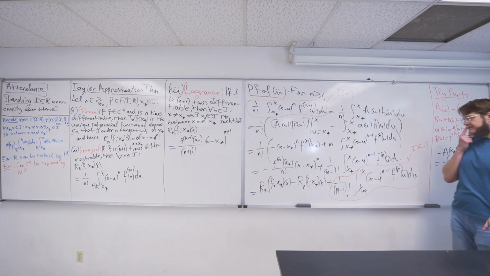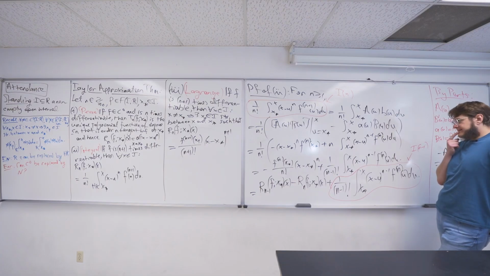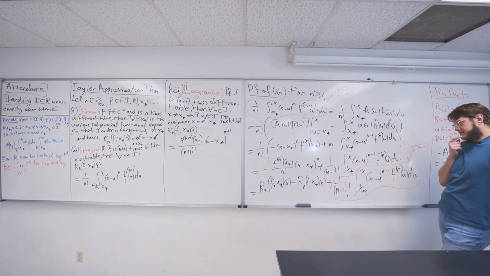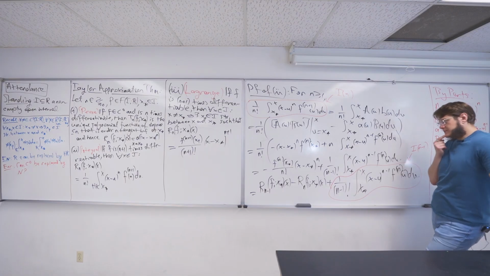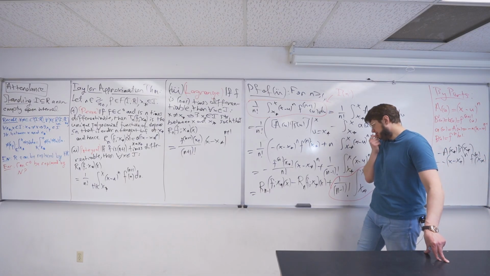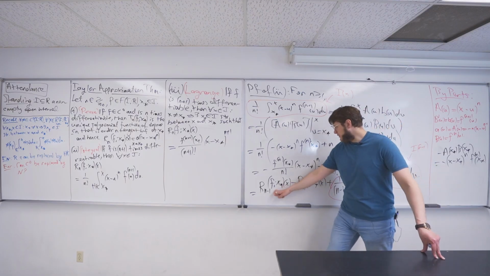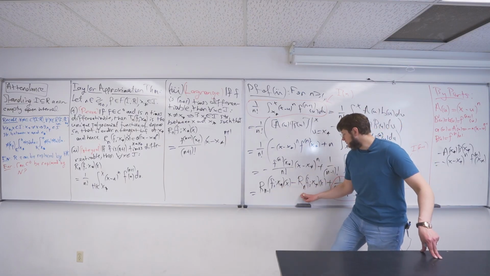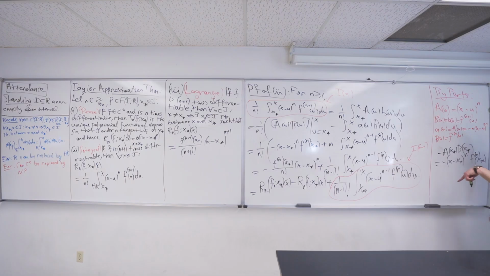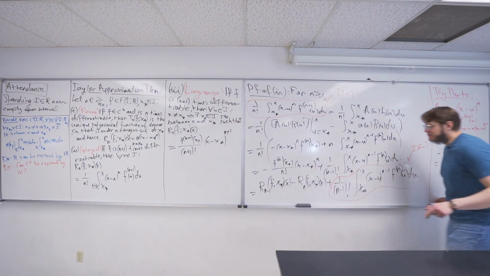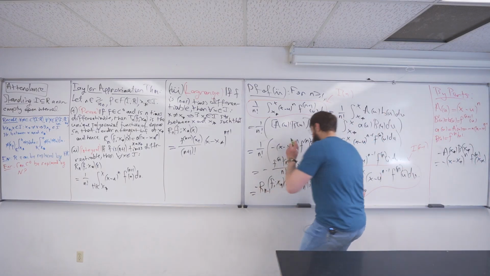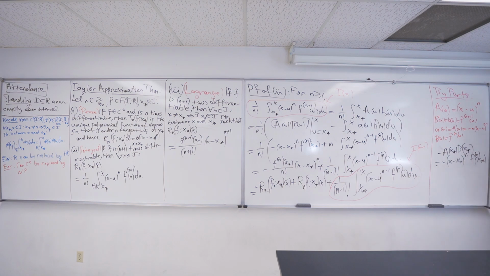Seems correct. And indeed, this is going to give me, oh, I made a mistake here, I think. Okay. Exactly, okay, I made a sign error here. That's the only difference.